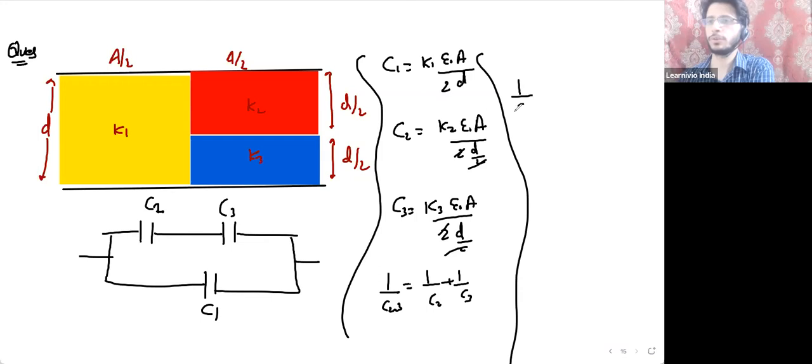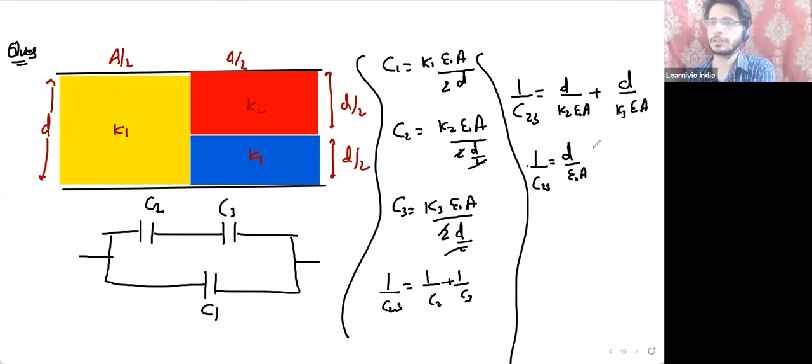So 1 by C23: 1 by C2 is D by K2 epsilon naught A, and 1 by C3 is D by K3 epsilon naught A. Taking D by epsilon naught A as common, I'm left with 1 by K2 plus 1 by K3.